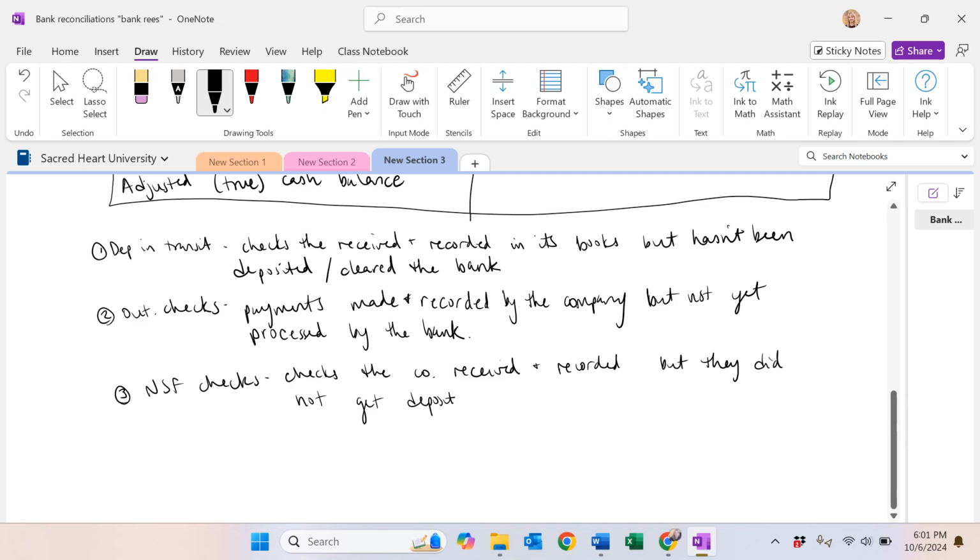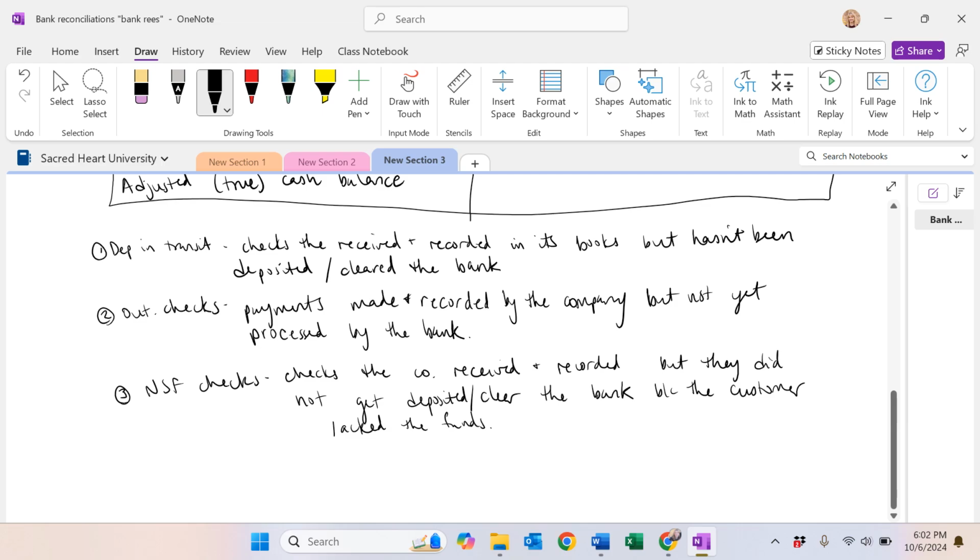Or they did not clear. Then we would just say in normal English, those checks bounced. This is because the customer who wrote the check did not have enough in their account. Or in a fancy way to say it, they lacked the funds.